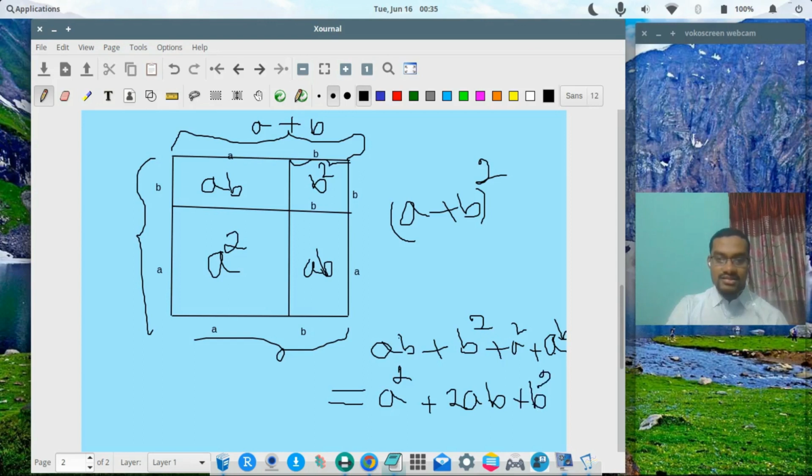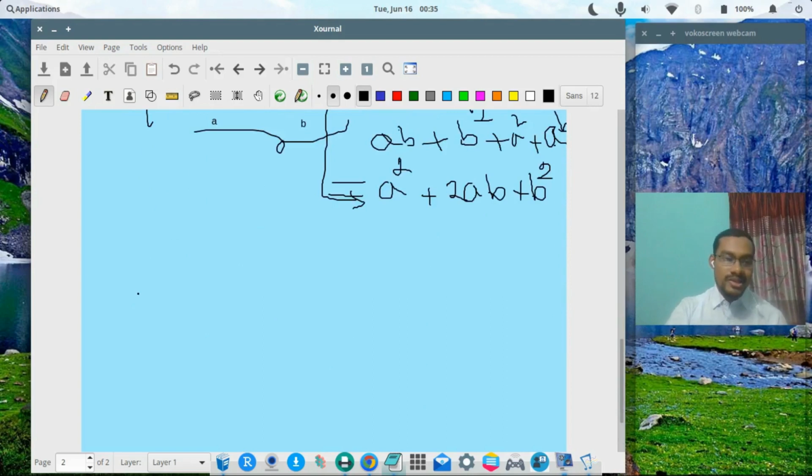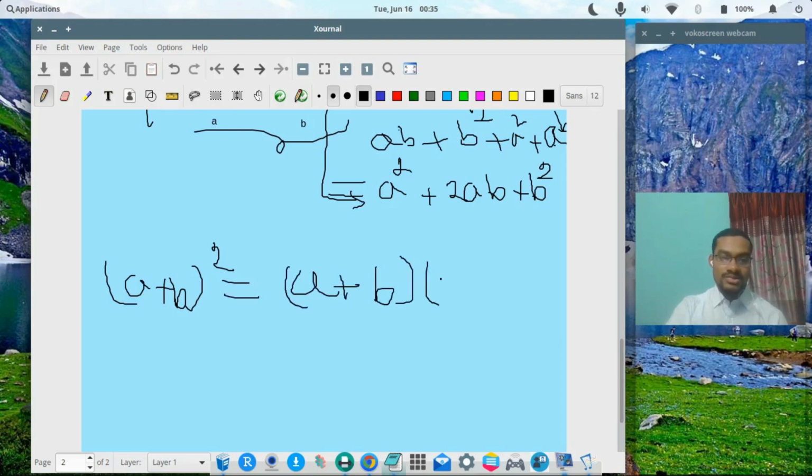This is the geometric explanation of our simple formula (a + b)² = a² + 2ab + b². And the simple algebraic explanation is that (a + b)² equals (a + b) multiplied by (a + b).